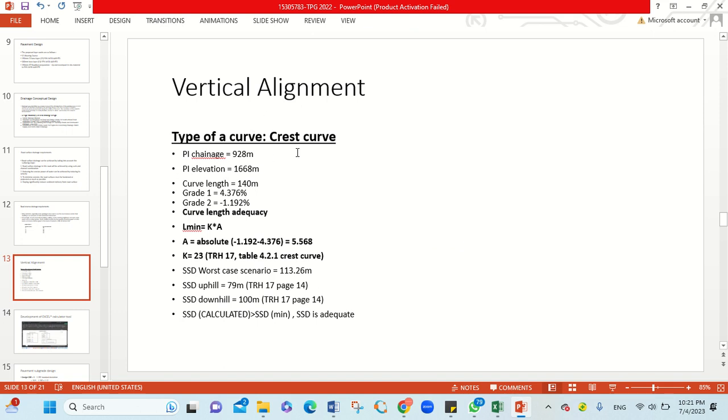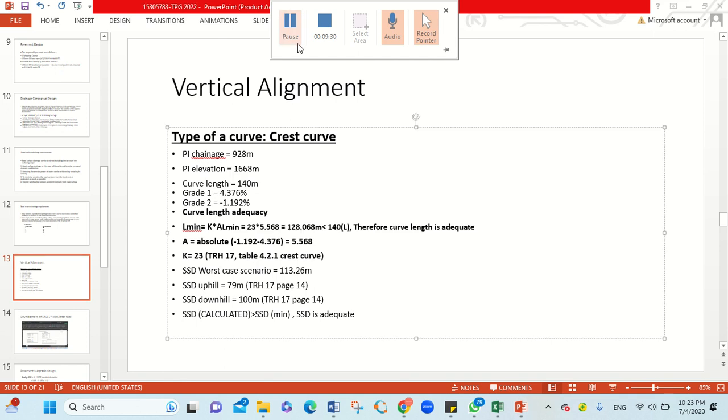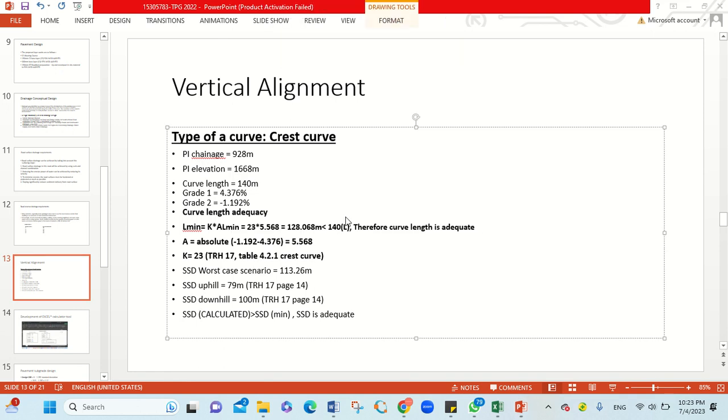We use the type of curve called a crest curve, and after we have calculated our vertical alignment, we found that the curve length adequacy is 128.68, which is less than 140.